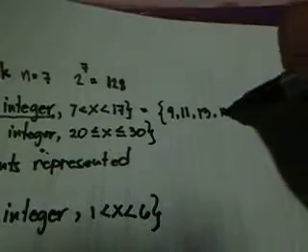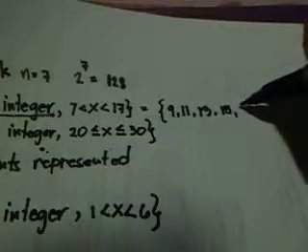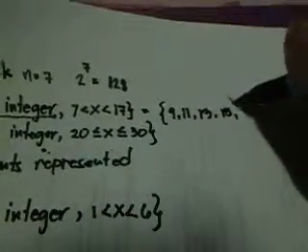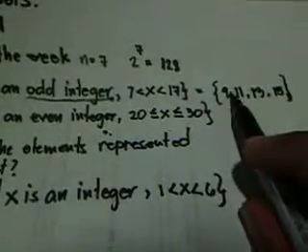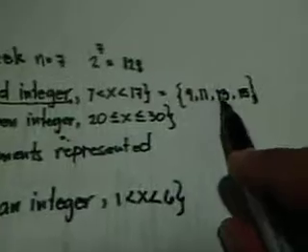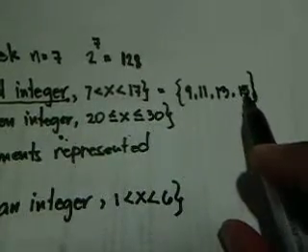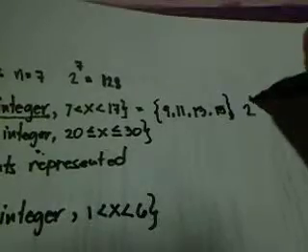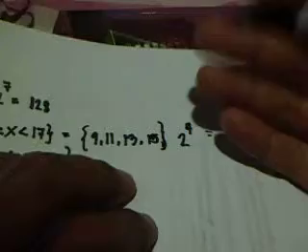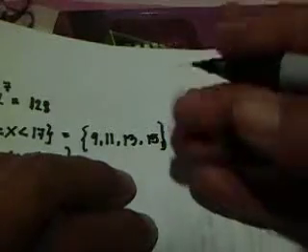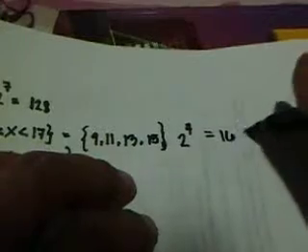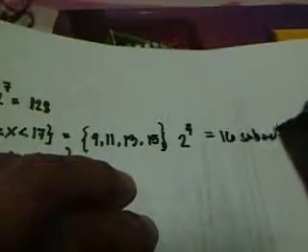Can we include 17? It is less than, so no. Therefore we have 9, 11, 13, and 15. So we have 4 elements, and that becomes 2 raised to 4. Again, let's multiply: 2 times 2 is 4, times 2 is 8, times 2 is 16. So therefore, there are 16 subsets.